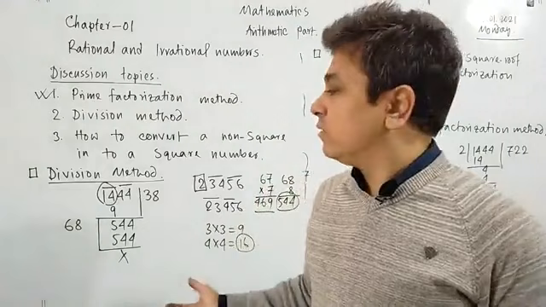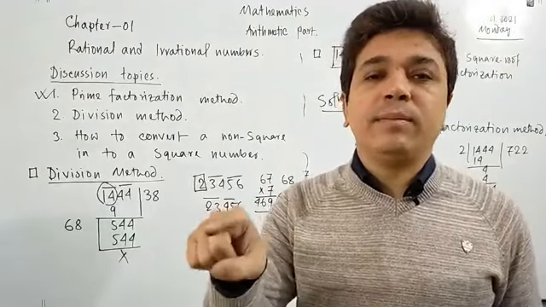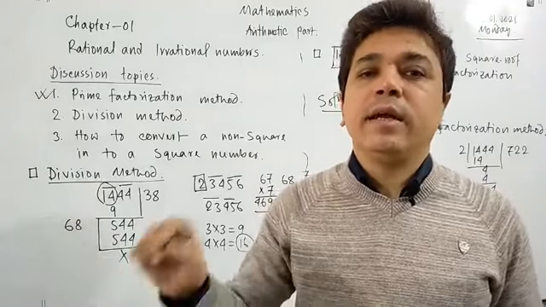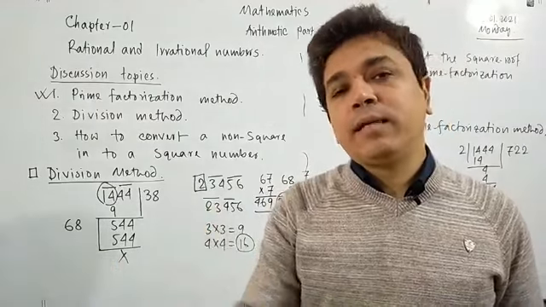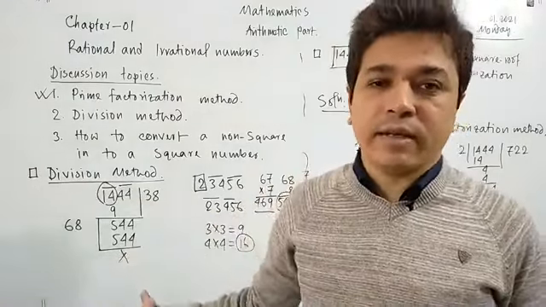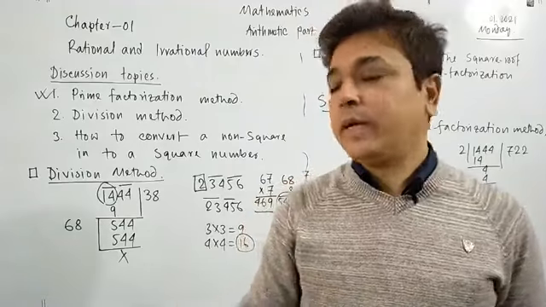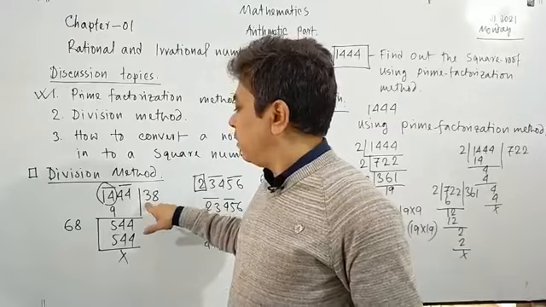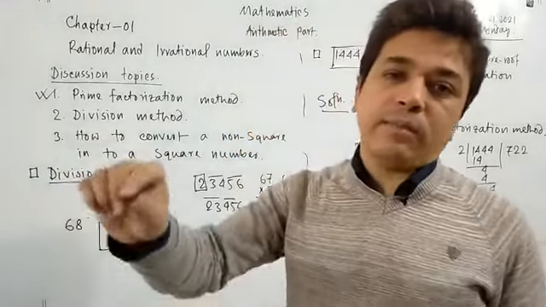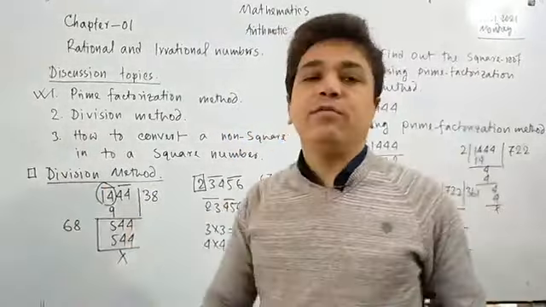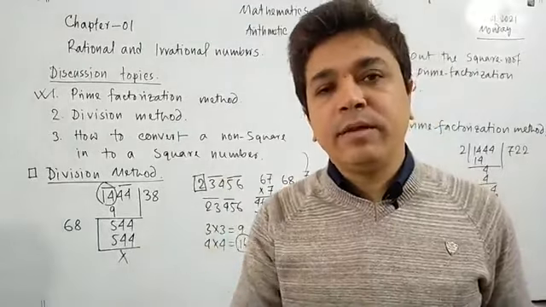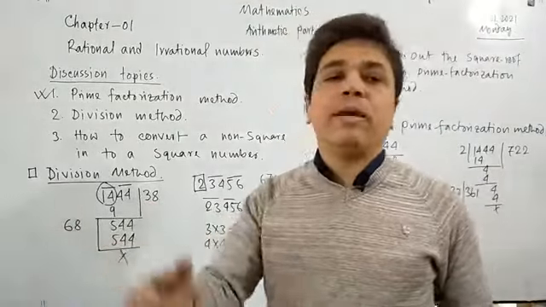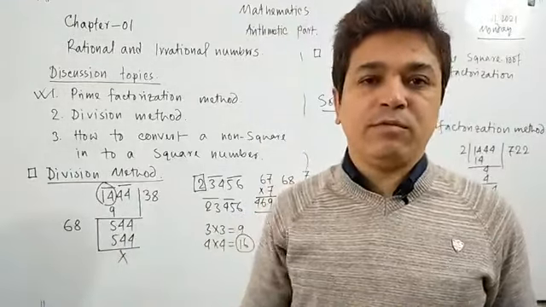Any number we take, for example 2, 3, 5, we have to multiply by itself because we are finding the square root. If we put 3 here, we multiply 3 by 3, it's 9. If we put 4, 4 by 4 is 16. If we put 2, 2 into 2 is 4.